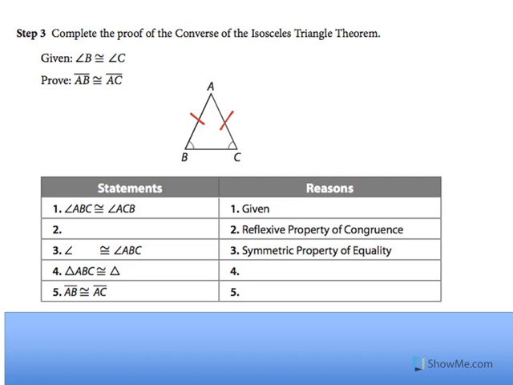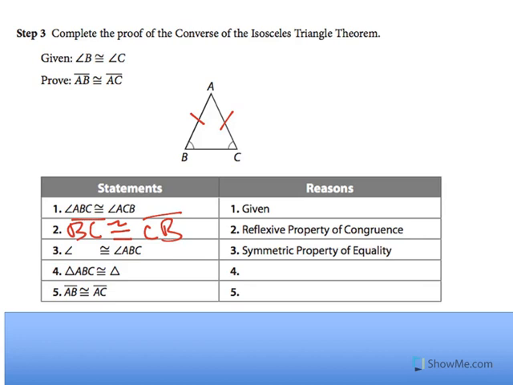Right, so for number 1, it is given: angle ABC is congruent to angle ACB. And for number 2, reflexive, so we can say that segment BC is congruent to segment CB.